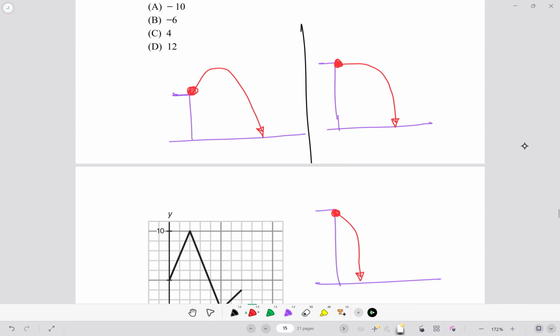Because in this case, the initial velocity is in this direction, okay? And in this case, the direction of this initial velocity is parallel to the ground. And in this case, the initial velocity direction is in this way.